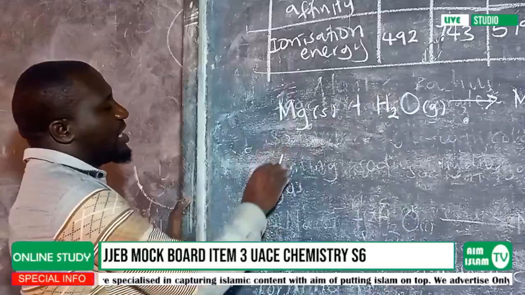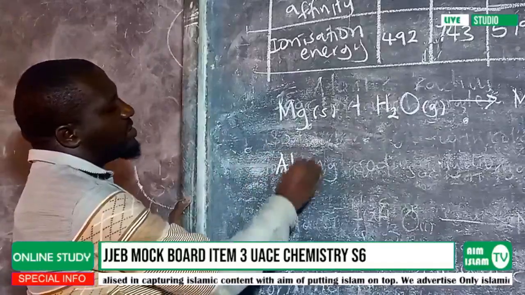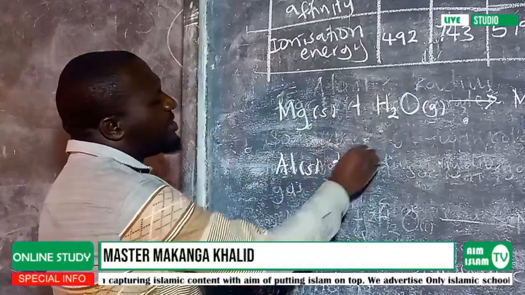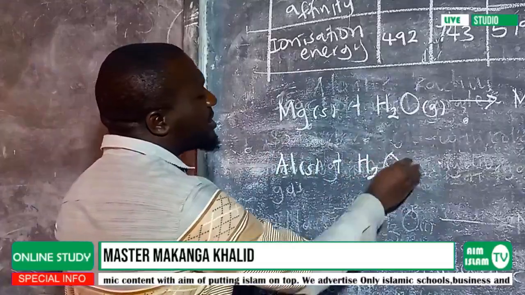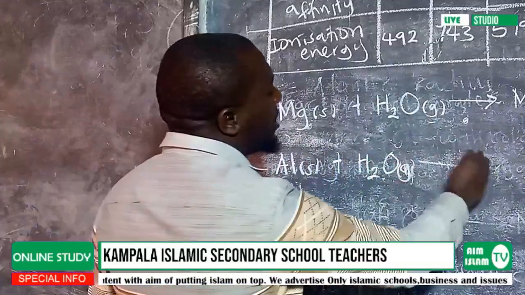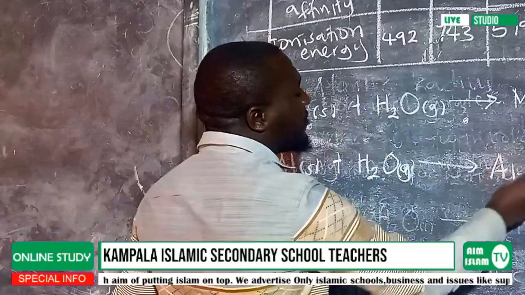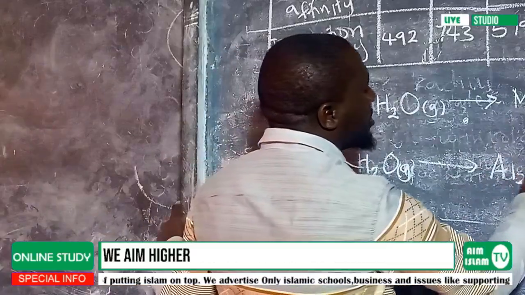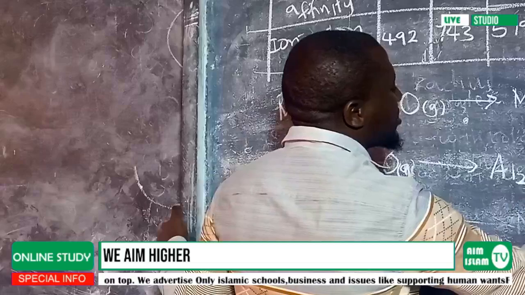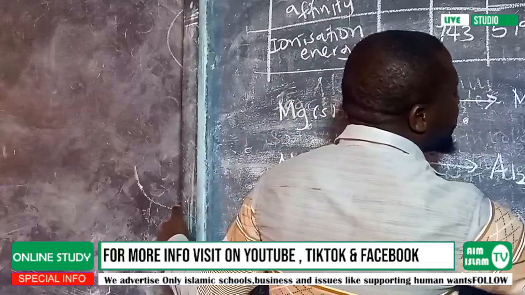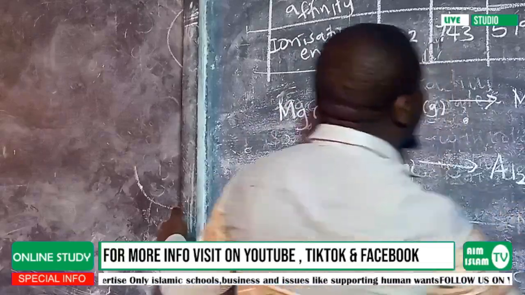Aluminium, which is a solid, when heated reacts with steam, and at the end you form aluminium oxide, which is a solid, plus hydrogen gas.